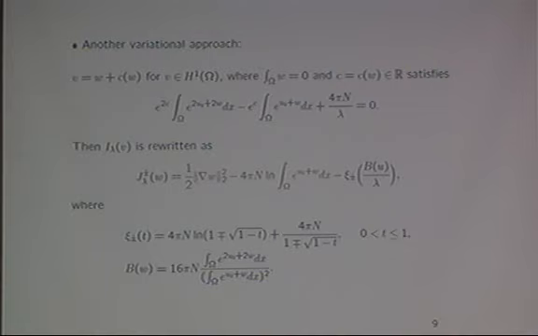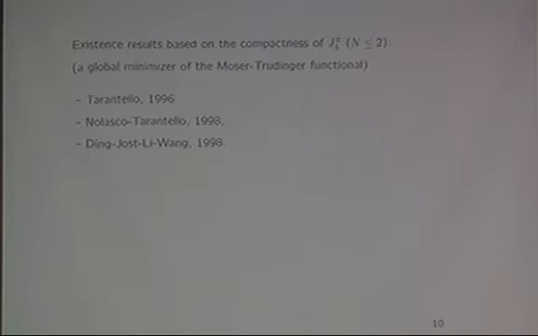In this case, we have some ways to handle this Moser-Trudinger functional, because we can apply the Moser-Trudinger inequality and find a local minimizer or global minimizer for this functional. So in this approach, these authors produced some good existence results when the capital N is less than or equal to 2.